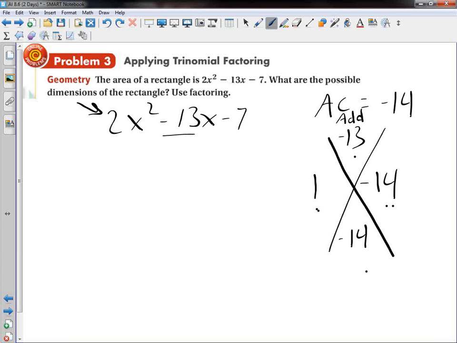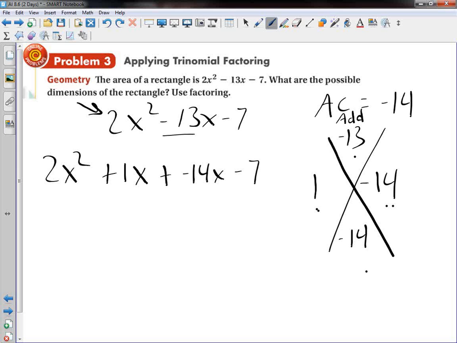Next step is to rewrite this as an extended polynomial. So 2x squared plus 1x, there we go, plus a negative 14x minus 7.